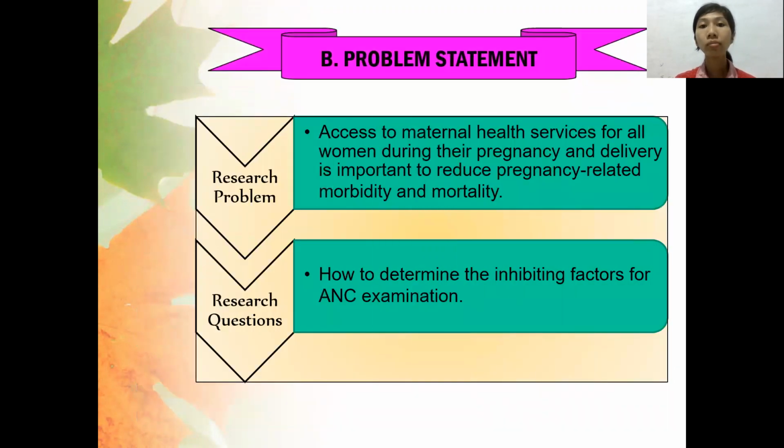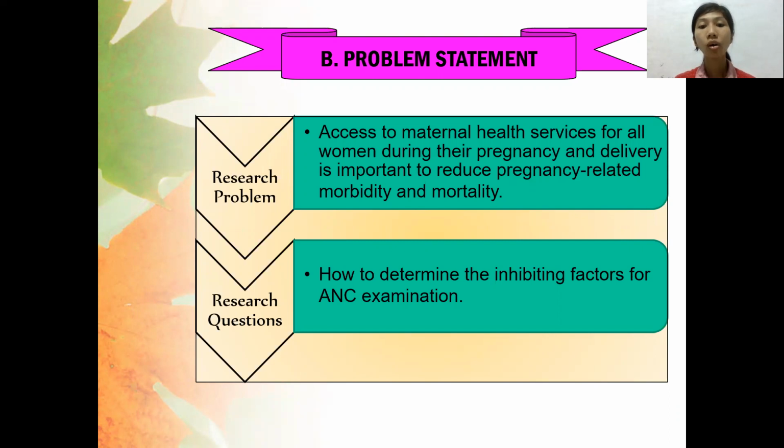B. Problem statement. Research problem. Access to maternal health service for a woman during their pregnancy and delivery is important to reduce pregnancy-related morbidity and mortality.